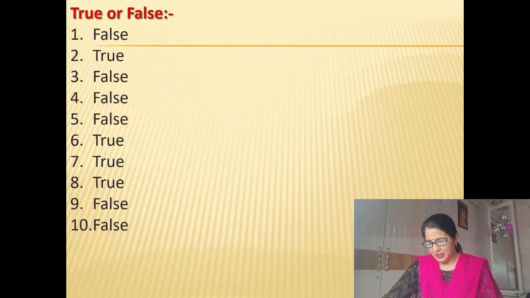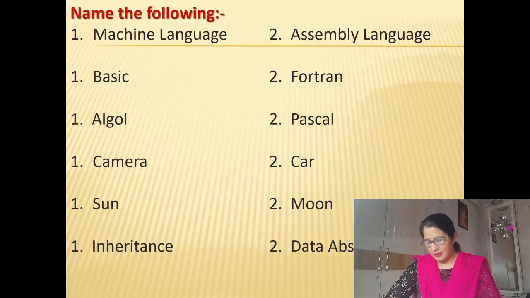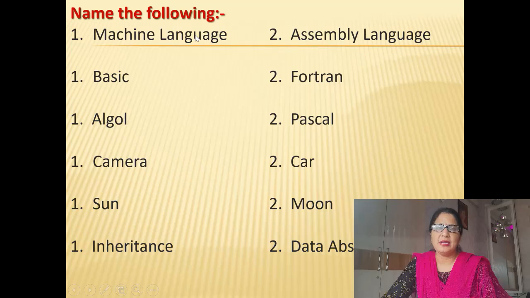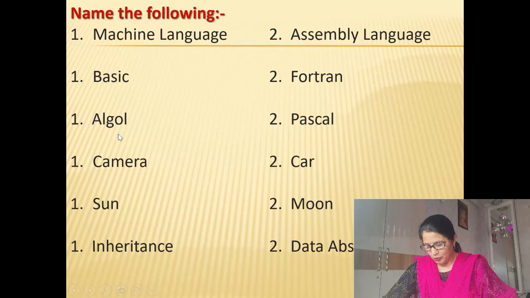Now, name the following. First is two categories of low-level language, that is machine language and assembly language. Two procedure-oriented languages are BASIC and Fortran. Two structure-oriented programming languages are ALGOL and Pascal.